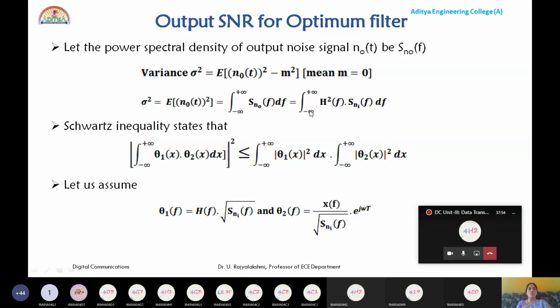Please observe the equation of variance carefully. So it is integral minus infinite to plus infinite h square of f into Sni of f df. Remember that expression.